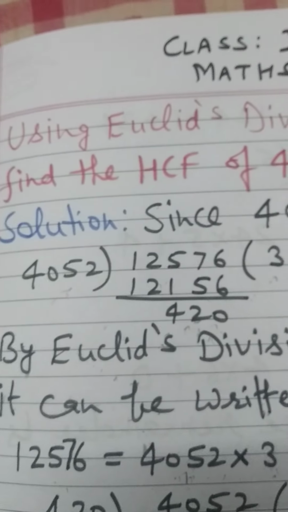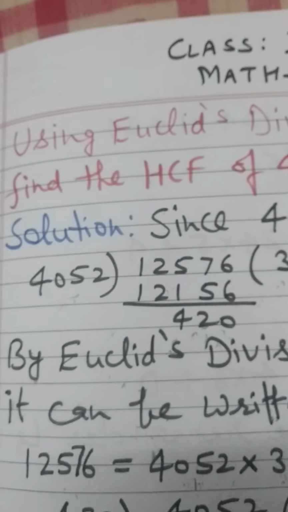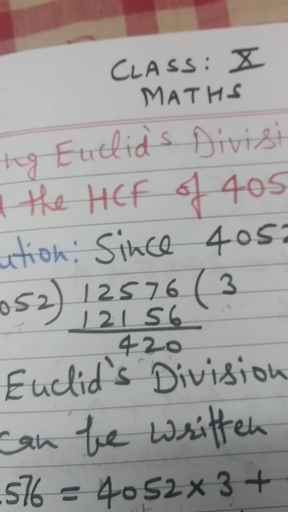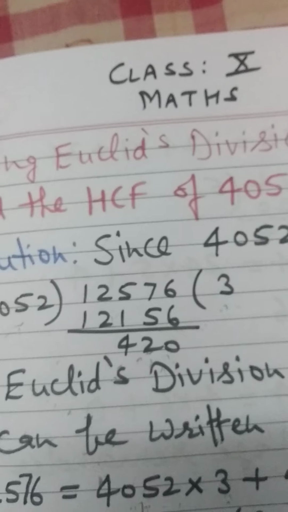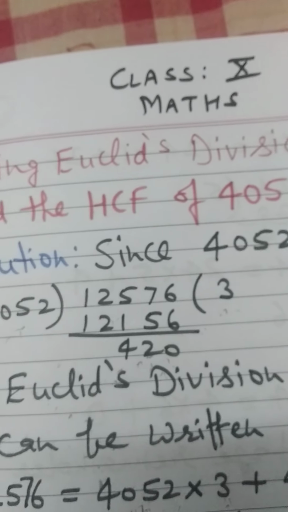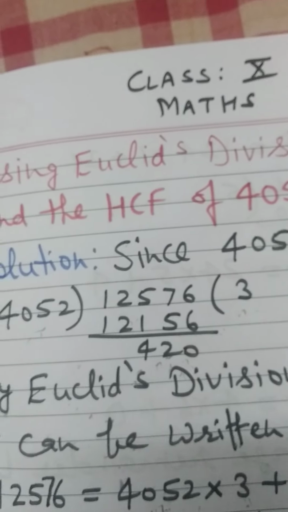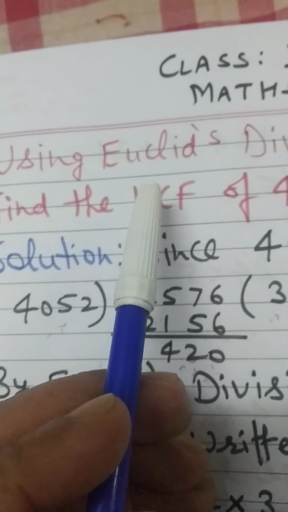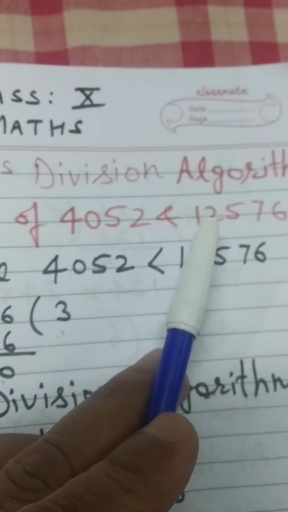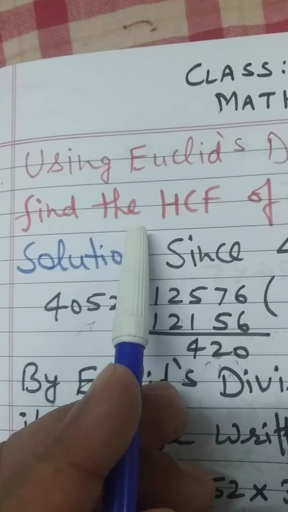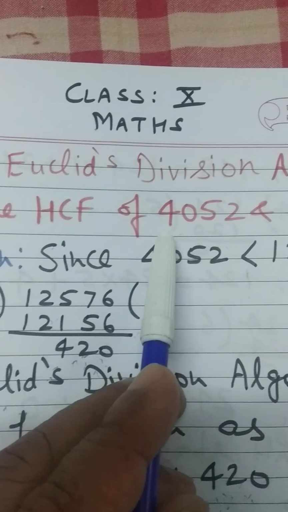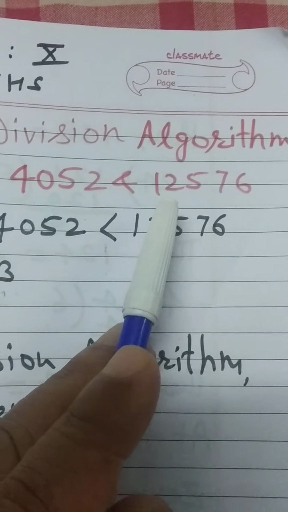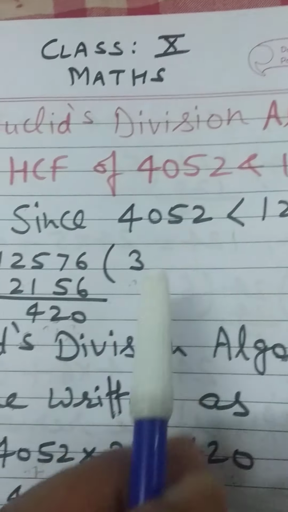Today I will solve a sum in which we have to find the value of HCF by Euclid division algorithm. Statement of this sum is: using Euclid's division algorithm, find the HCF of 4052 and 12576.